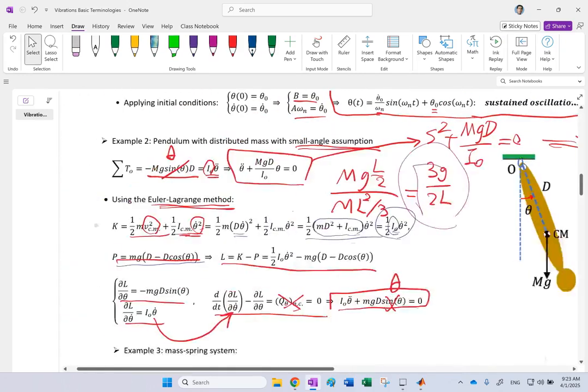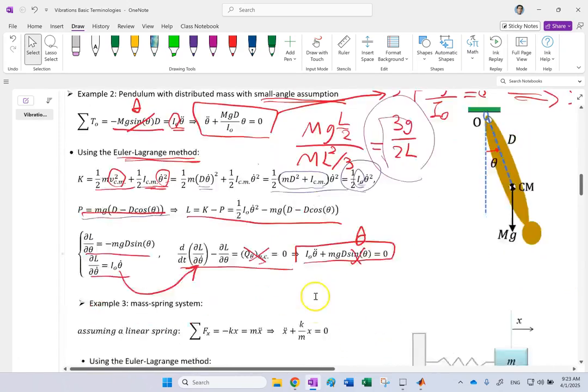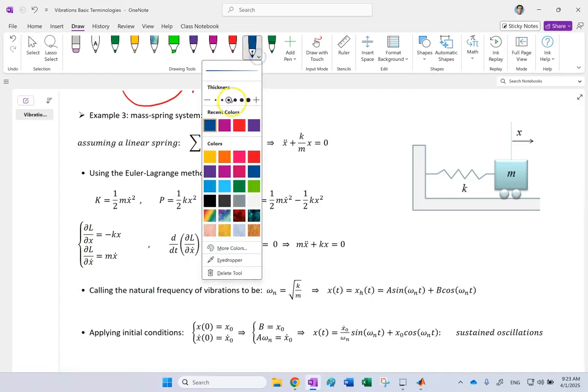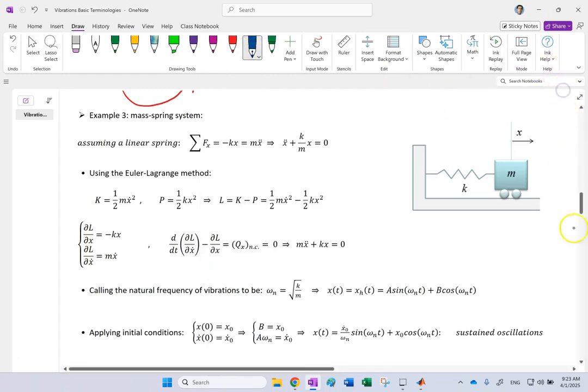Okay, so that's the second example. Let's go for a third example. Again, very, very common example. One of the first examples that you see in any vibrations book is a mass spring system. So here you have a mass on a rolling support with basically no friction here. There is no Coulombic friction.